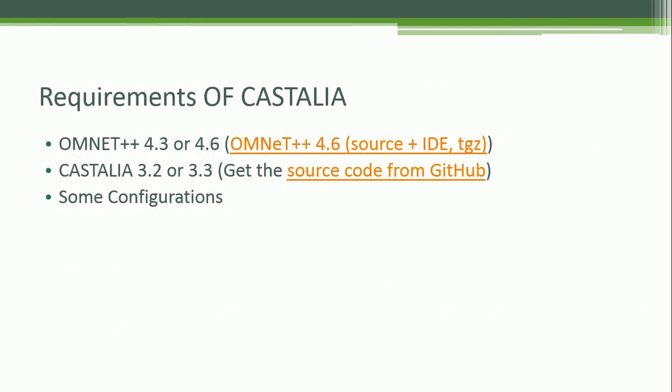What is required to install or to use Castelia? We have two sources. First, Omnet++, as we said that Castelia runs on Omnet++, we must install Omnet 4.3 or 4.6.